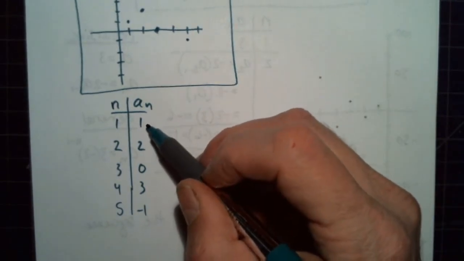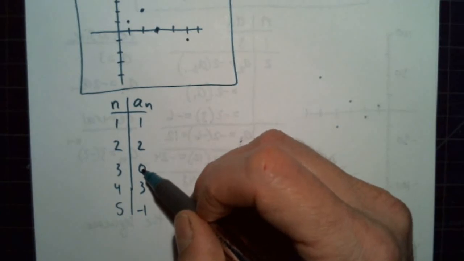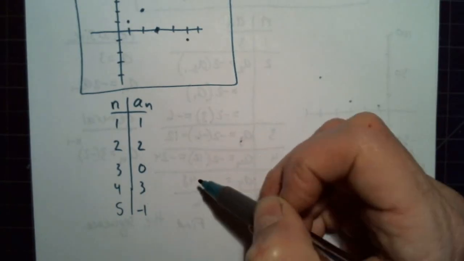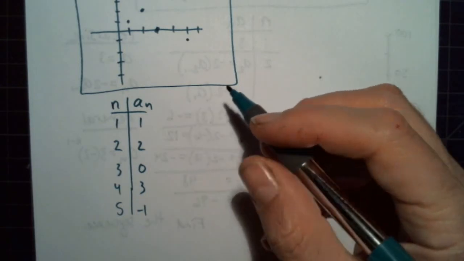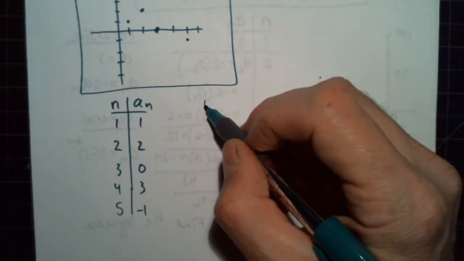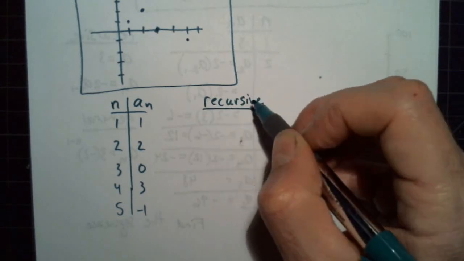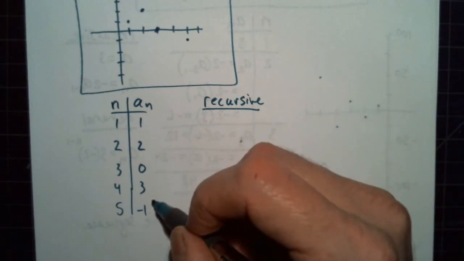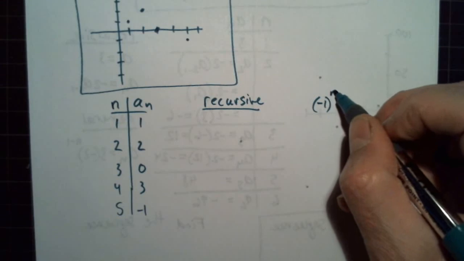So here we have, we're going to add 1, subtract 2, add 3, subtract 4, and this one we have to be pretty creative on. When we add and subtract, that means we need to do something with negative 1.